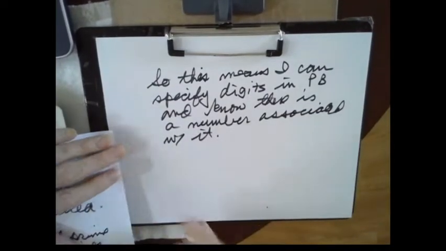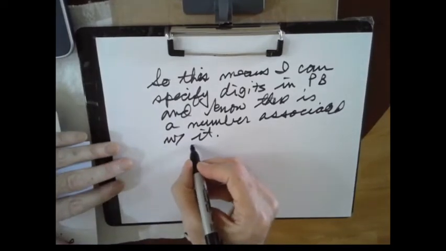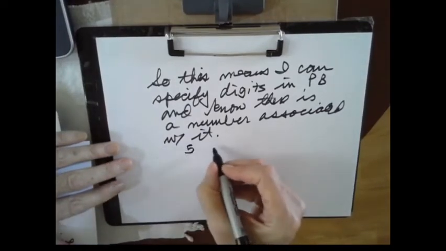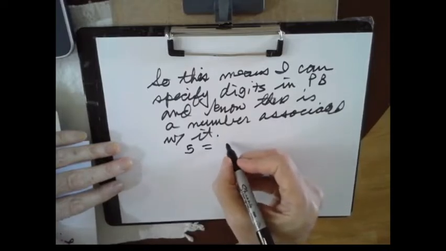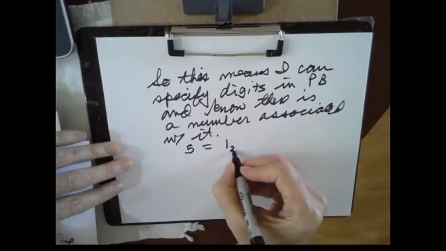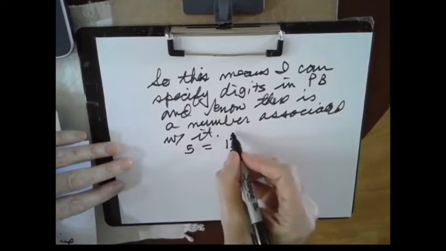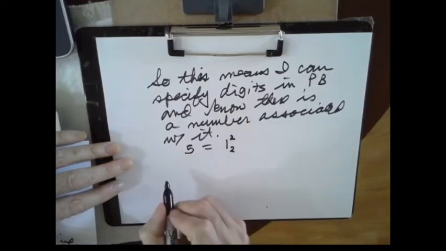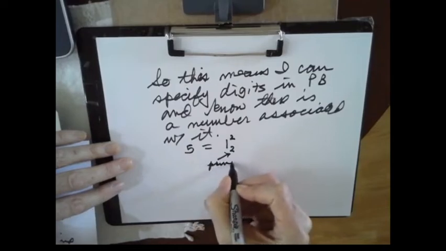So in the prime base, let's try something like 5. That's going to be remainder of 1, base 2, the quotient of 2. 2 times 2 plus 1 is 5. That's the first prime.